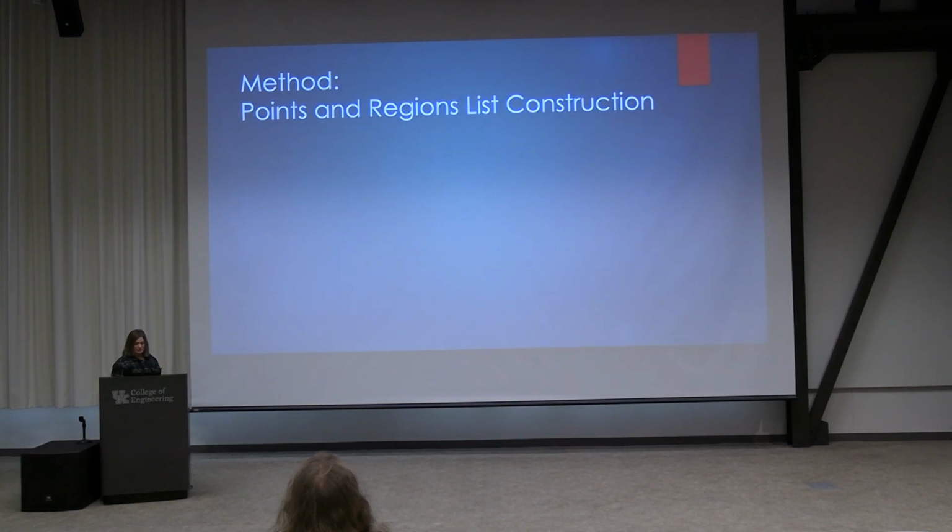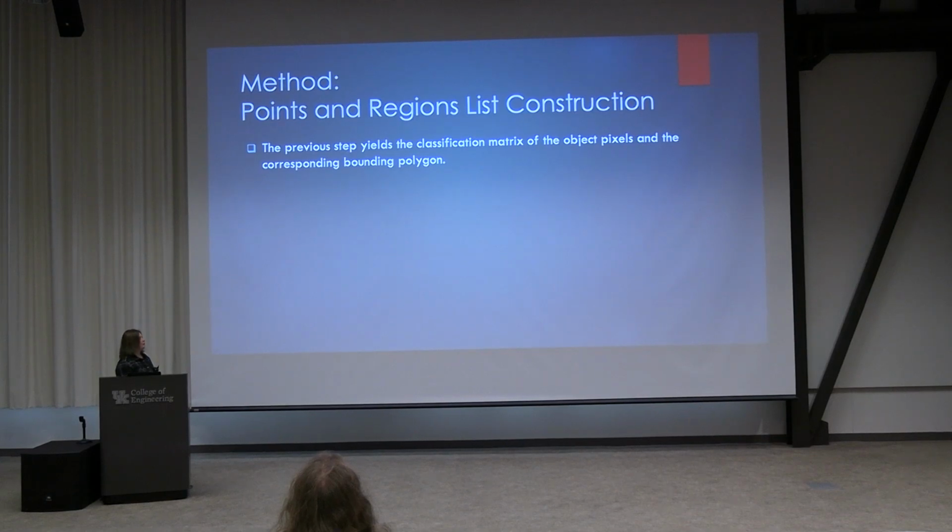In this step, we want to construct a list of points and regions. At this point, I have an area that has no order. I just have a bulk of data telling me that some pixels belong to objects and some don't. But for the next step, we have to organize the data into an ordered list, so that one point comes after another.